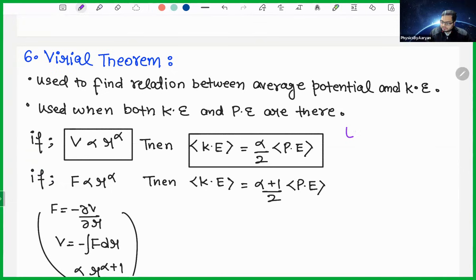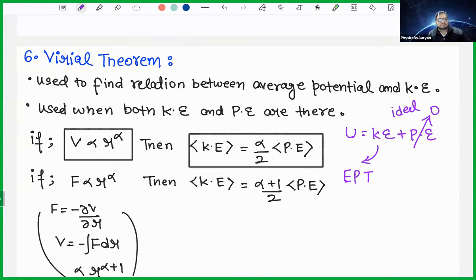See, your total internal energy is given by kinetic energy plus potential energy. I said kinetic energy you can calculate using equipartition theorem. And I said potential energy is 0 if you are an ideal gas. But what if I am not an ideal gas? What if I am a normal particle? In that case, my potential energy will not be 0, so I also need to calculate potential energy.